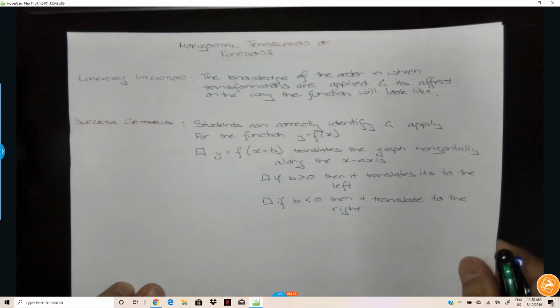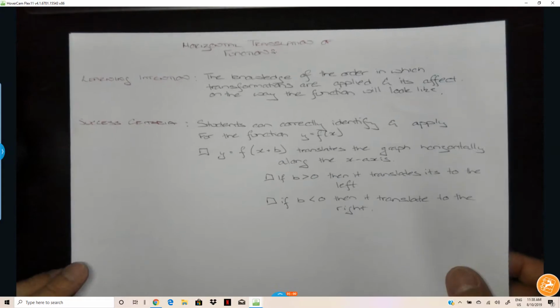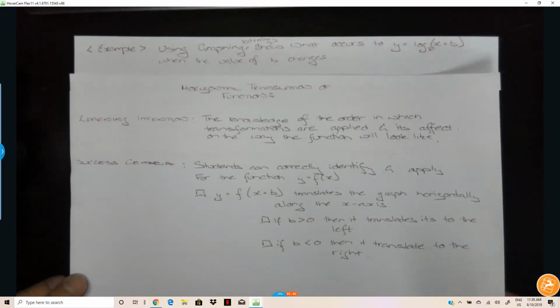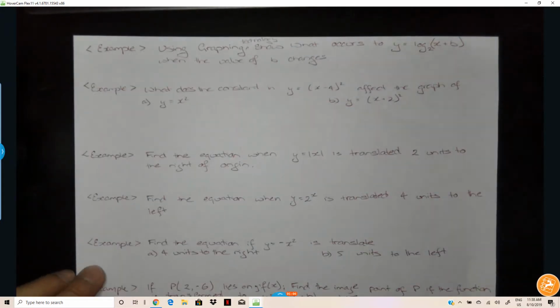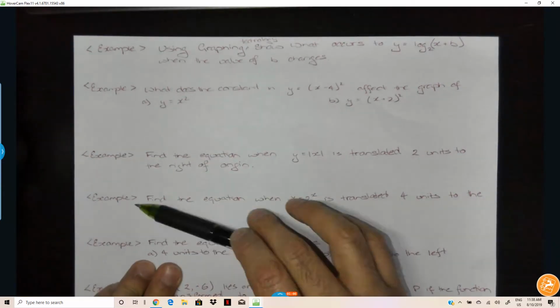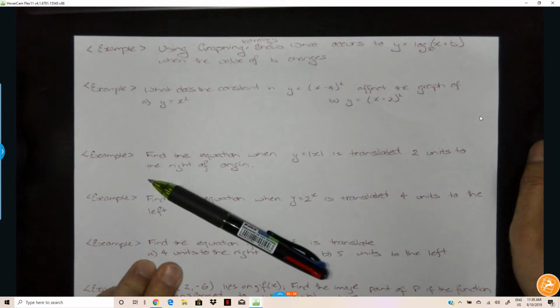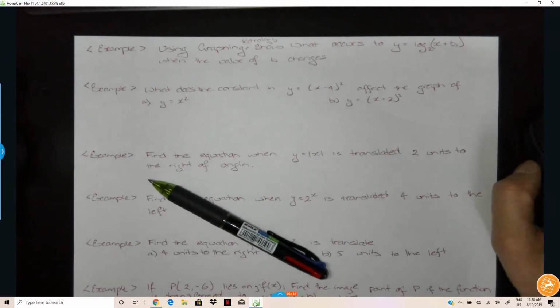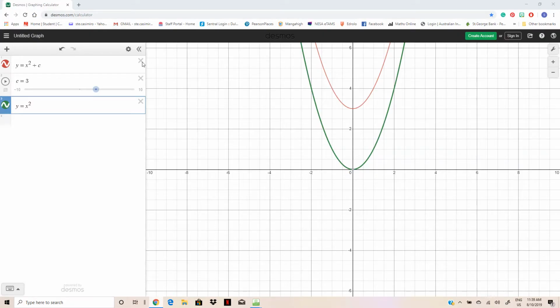Okay. So let's do some examples. I'm going to use Desmos. We're going to show what occurs to y equals log 2x plus b.